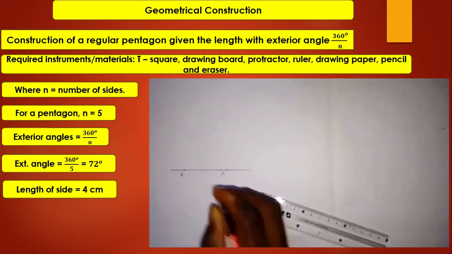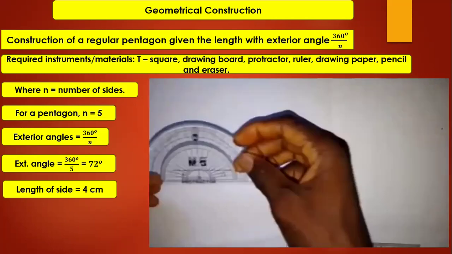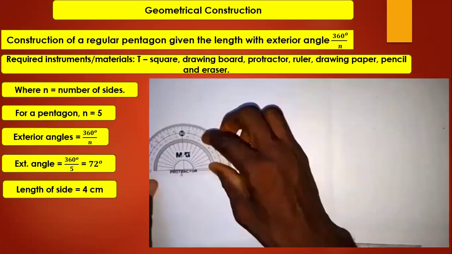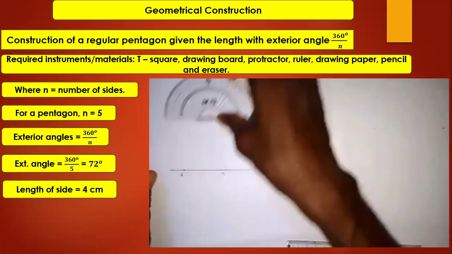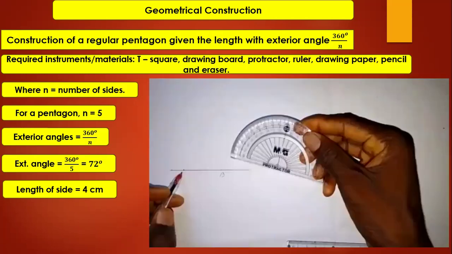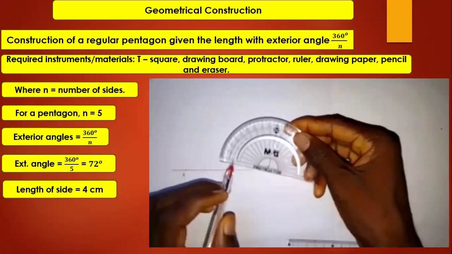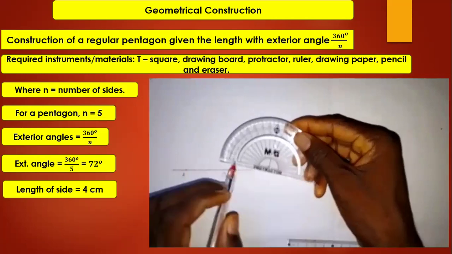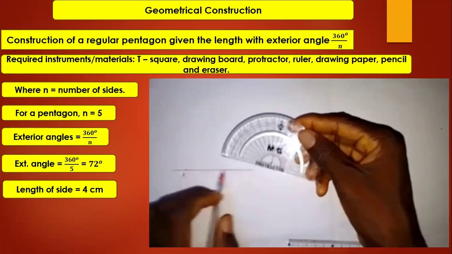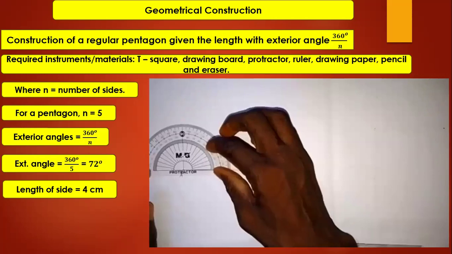Then the next thing we are going to do is take my protractor and place it with its center point on point A. Let me show you the center point that we have here. We need to make sure that the horizontal line of the protractor is laid on this horizontal line AB. So I place it now.